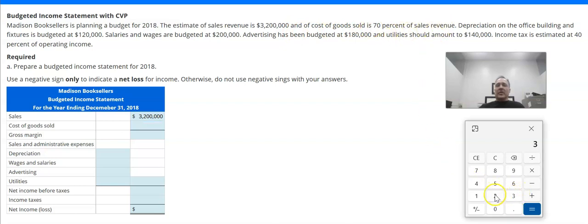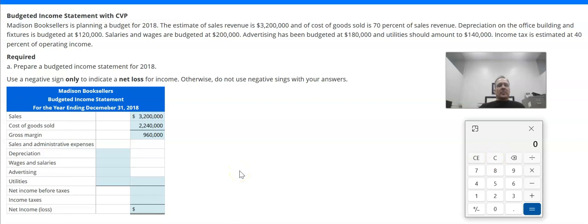Okay, so we've got that 3.2 million, and then we're going to multiply that by 70% to come up with our cost of goods sold figure. Okay, and then gross margin is merely those two numbers. It's not a negative, I just got lazy. Okay, and so we've got all of that done.